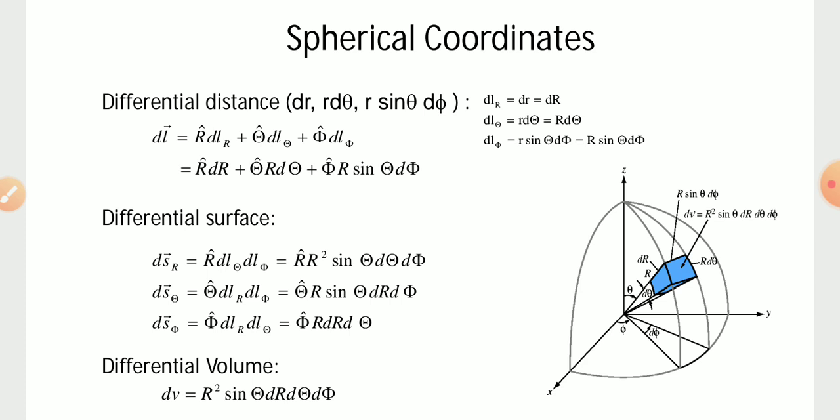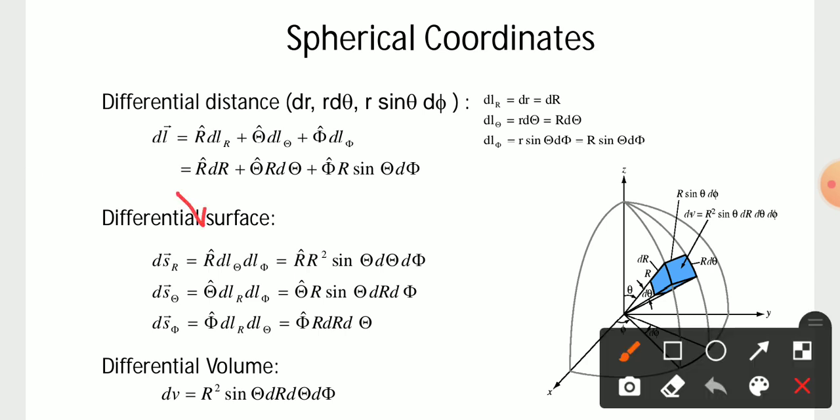Now today we discuss the spherical coordinate system. Here spherical coordinates are defined in the form of r, theta, phi, where r is defined as the radial distance for the sphere and theta is defined from the z axis.